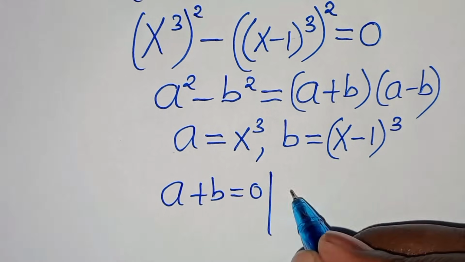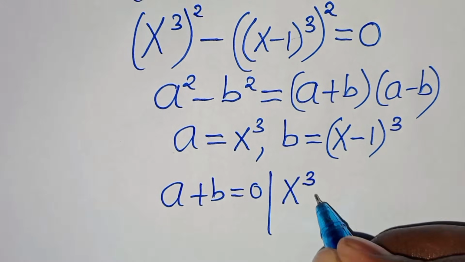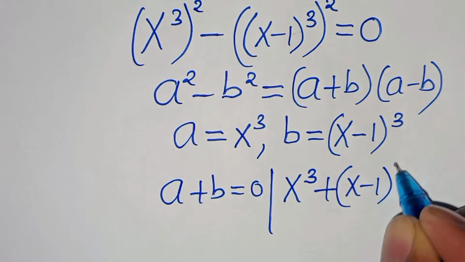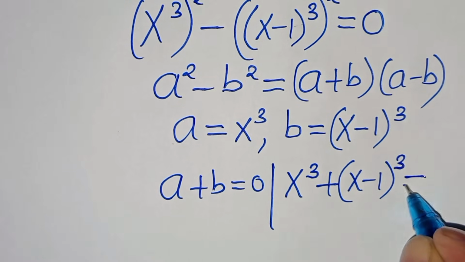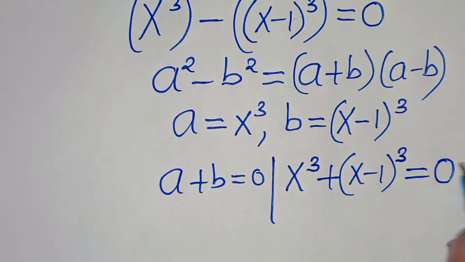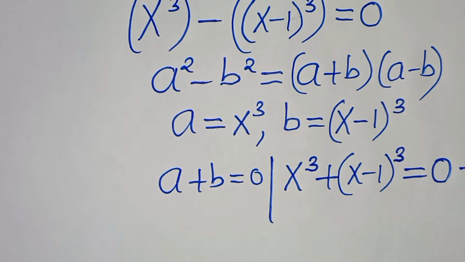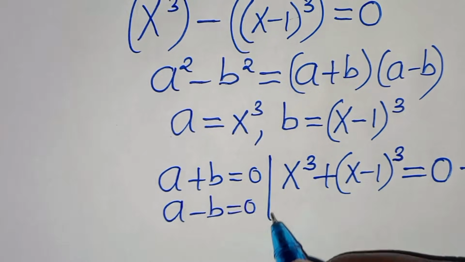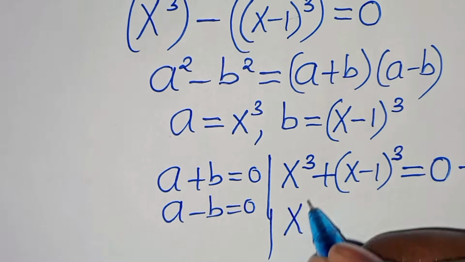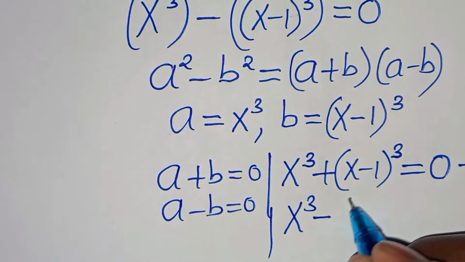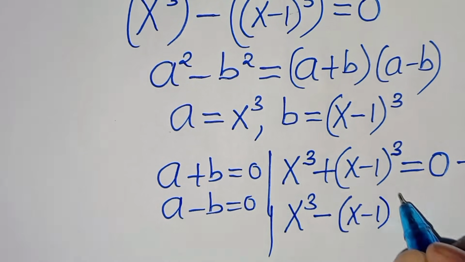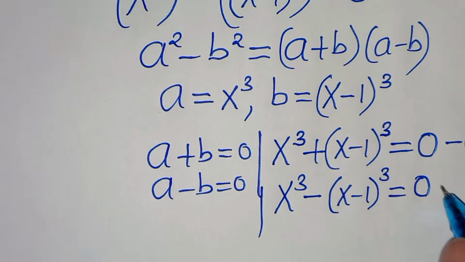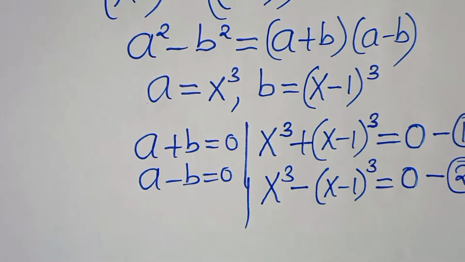This is the same thing as x to the power of 3 plus x minus 1 raised to the power of 3 equal to 0. Let's call this case 1, and that's a minus b equal to 0. This is the same thing as x to the power of 3 minus x minus 1 raised to the power of 3 equal to 0. Let's call this case 2.